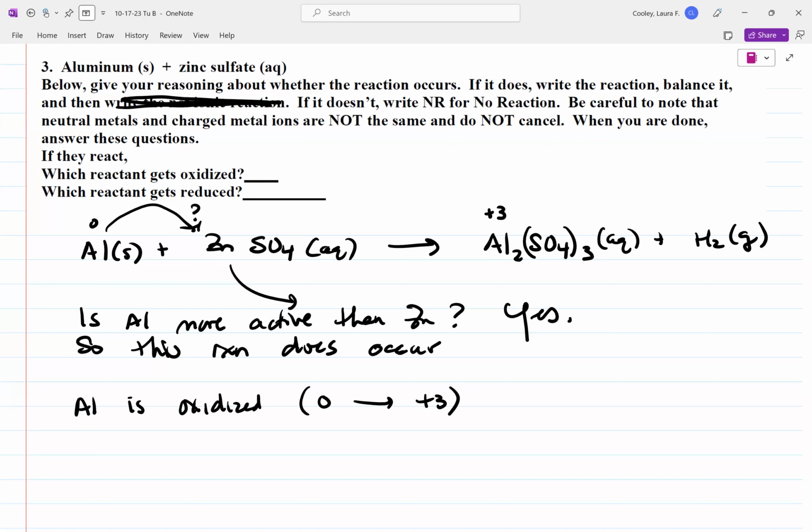And now what's reduced? Did you say zinc? Okay, zinc is reduced is not quite right. How do I modify this to make it right? Is it zinc on this side? Zinc +2 is reduced to zinc on the right side.